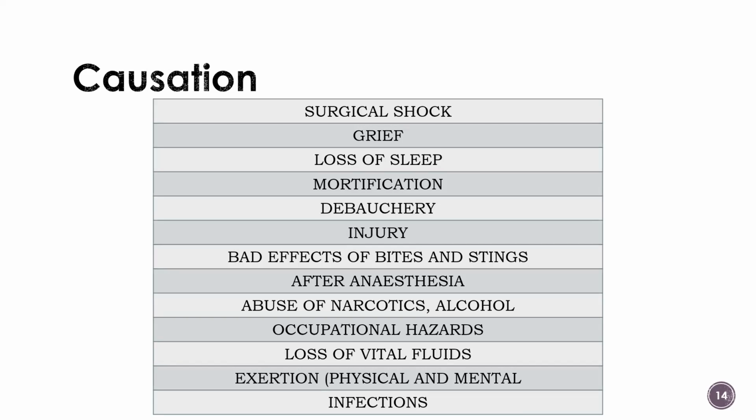Bad effects of bites and stings are seen in acetic acid. After anesthesia, again seen in acetic acid, and spinal anesthesia is seen in oxalic acid. Abuse of narcotics and alcohol is seen in fluoric acid. Occupational hazards and loss of vital fluid are seen in phosphoric acid. Exertion, physical and mental, and infections.